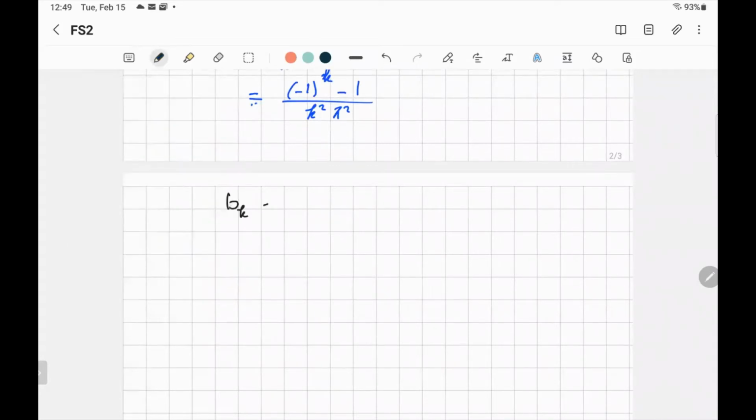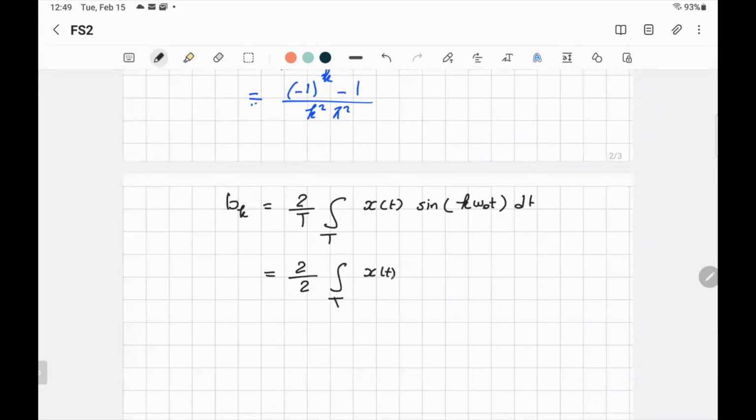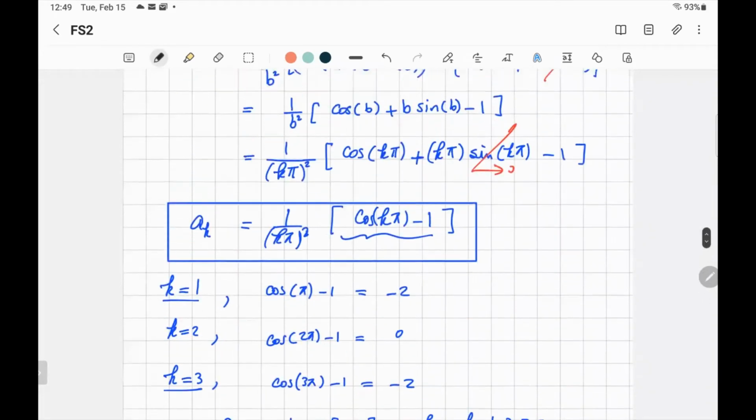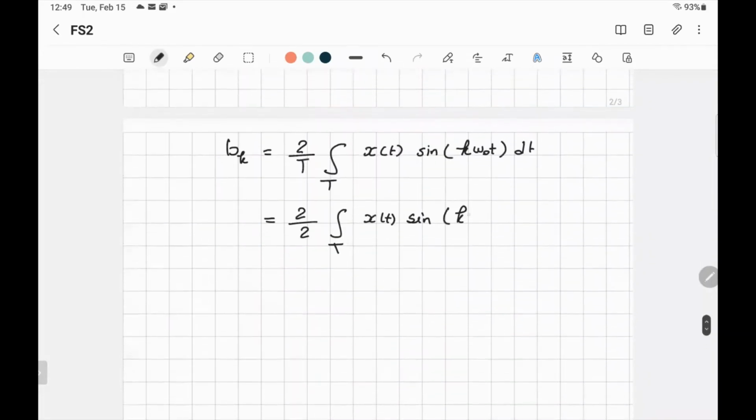BK, that's the other coefficient. BK is equal to 2 over T, the integration over period T of the signal x of t, but this time multiplied by sine k omega naught t dt. T is equal to 2, x of t, sine k, and omega is equal to pi.